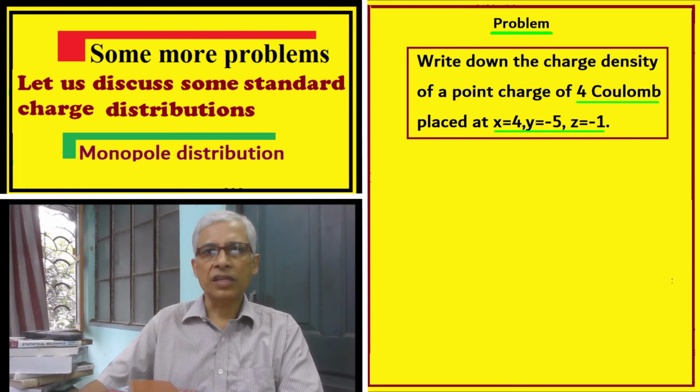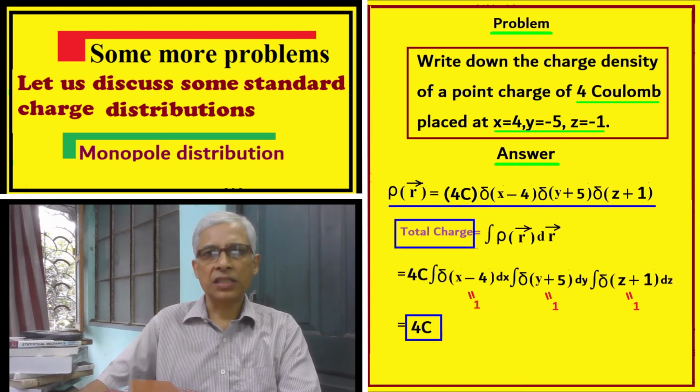Let us solve a similar problem where we are asked to find the charge density of a 4 coulomb charge sitting at x equal to 4, y equal to minus 5, z is equal to minus 1.